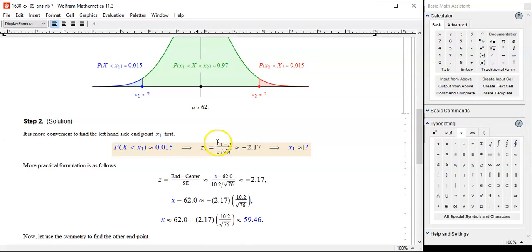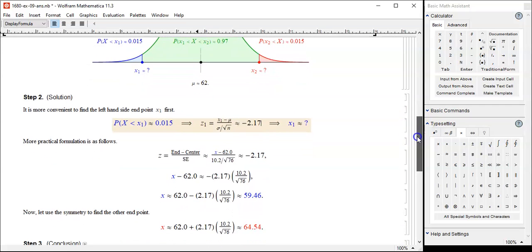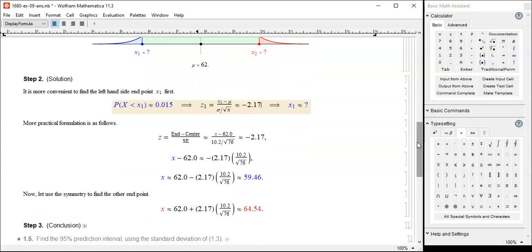And then end minus center over SE is equal to negative 2.17. If you look up this Z table, associated to 1.5% or 0.015. So we get this equation. Flip this denominator to the other side, like this, and then flip this center, this subtraction to the other side. That's what we get.